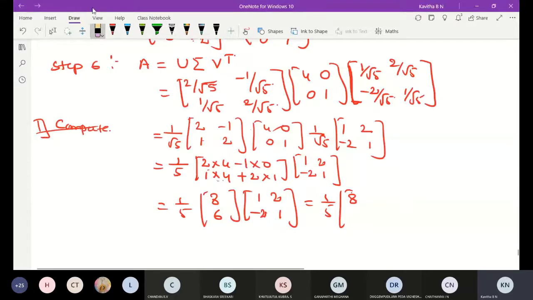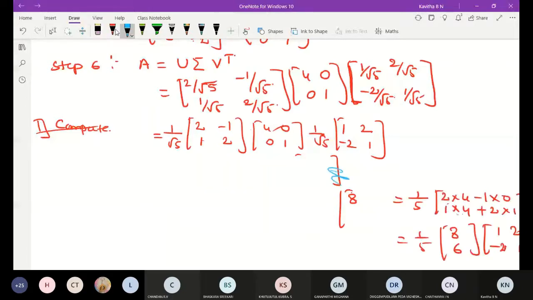Okay, observe here. Multiply 1 by root 5 into 1 by root 5 is 1 by 5.